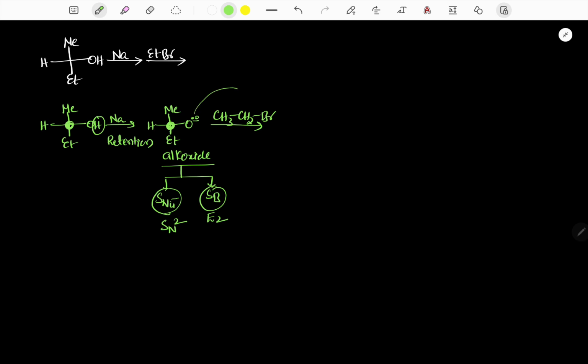Therefore, suppose the SN2 reaction takes place, the corresponding product is like this. So it is an SN2 product.